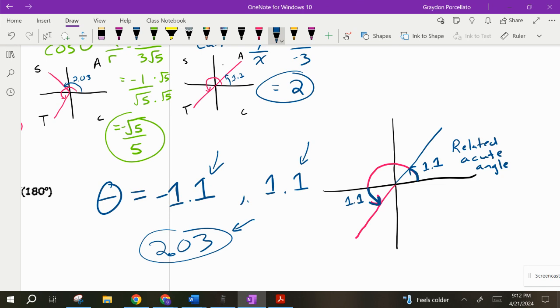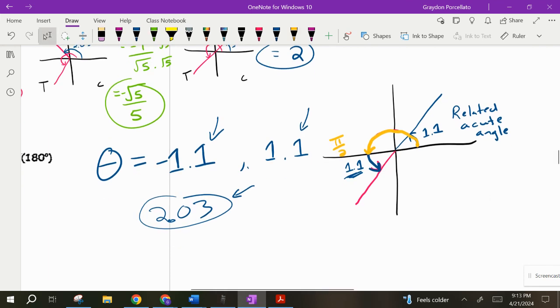And if we know this little section here, that's going to be really helpful to us because guess what else we know? We know that from here, so our start to here, this half circle is pi over 2. So if I want to find what theta is, we're going to do pi over 2 plus 1.1.